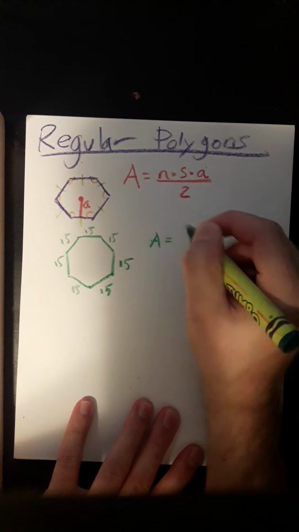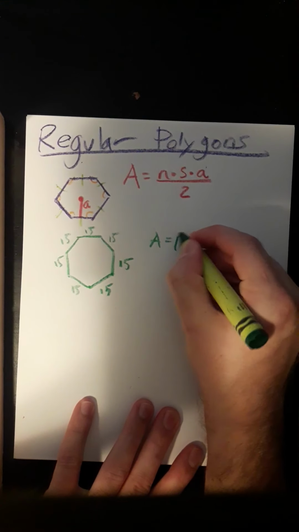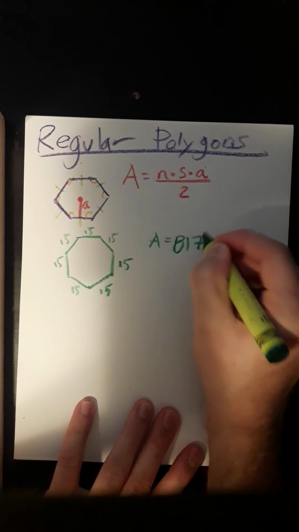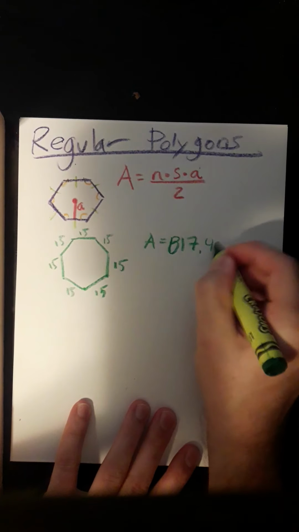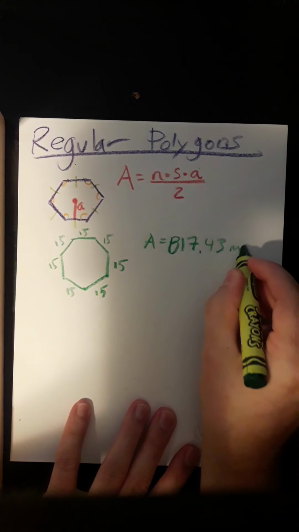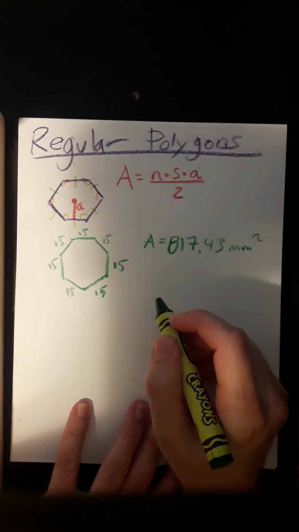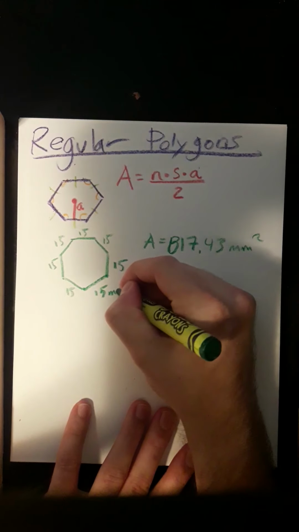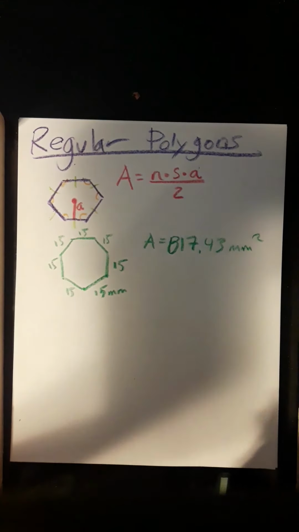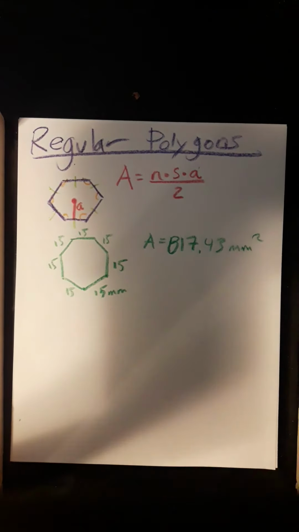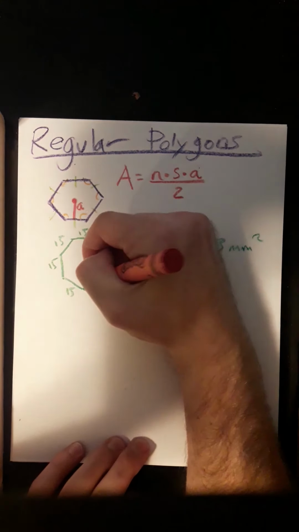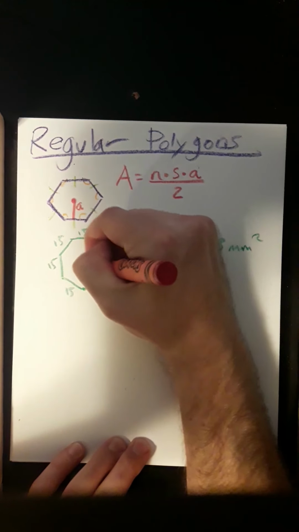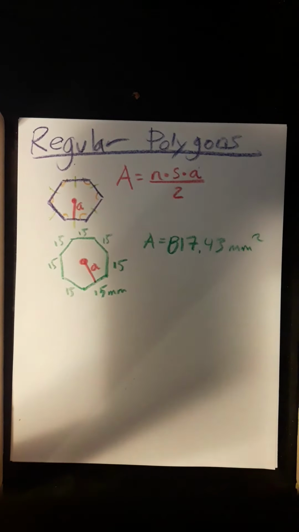And it says it has an area of 817.43 millimeters squared. I should mention that this 15 is also in millimeters, just so all of our units are the same. And we want to find the apothem, that distance from the center of the circle to the edge.